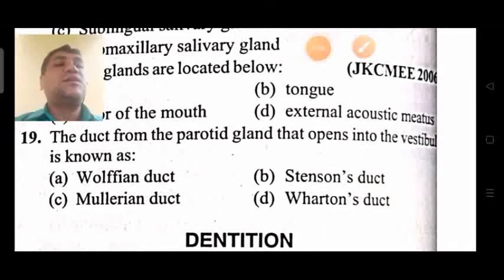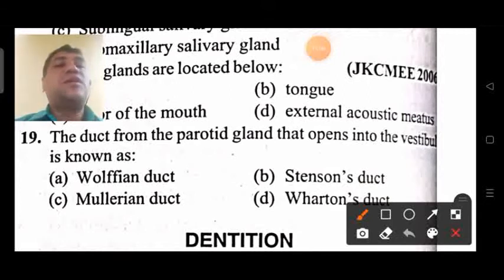Sublingual glands are present at the floor of the mouth, so the external acoustic meatus is the answer for this question.